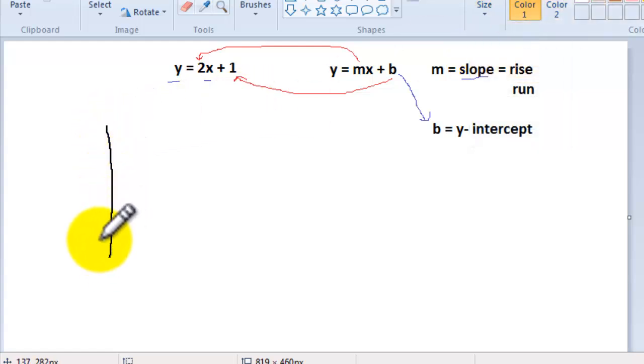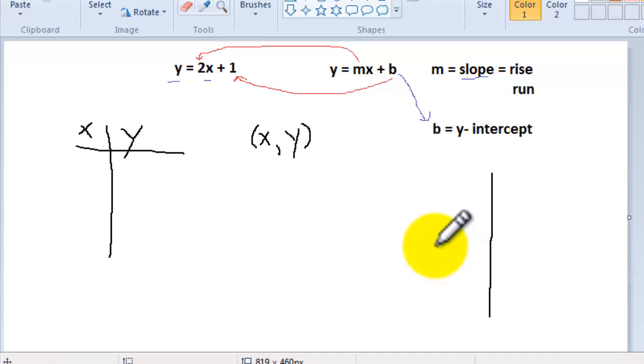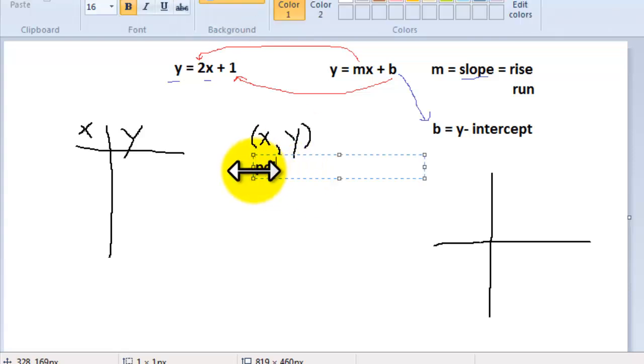We use the linear equation given to determine points on the line because x and y represent coordinates. And as you know, coordinates are on a graph, and they allow us to make points, which is my point.